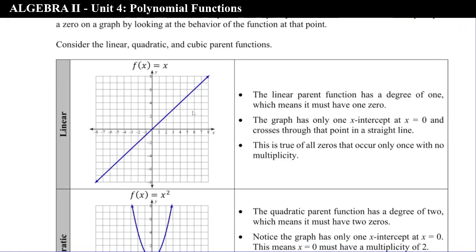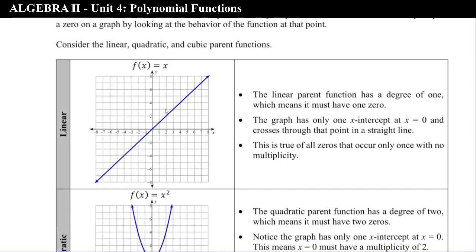That straight line's got some slope, and because it has some slope, it's going to cross the x-axis somewhere, okay? That line goes right through the x-axis. It doesn't bend, it doesn't do anything, it just goes right through the axis, okay? So the graph has only one x-intercept, and in this case is at x equals 0, and it crosses through that point in a straight line.